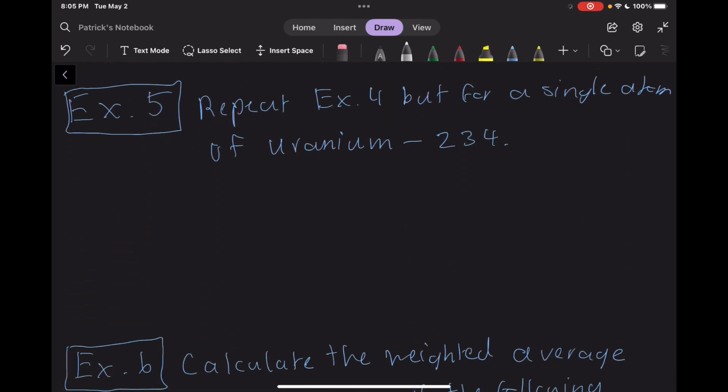Next one. Example 5 would like us to repeat example 4, but for a single atom of uranium-234. The atomic number of uranium is 92. So we have 92 protons.